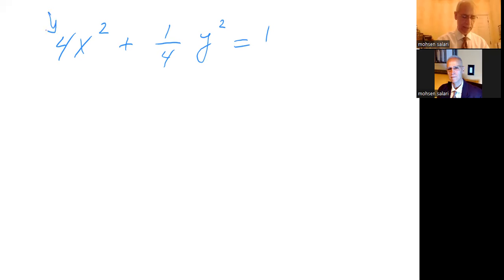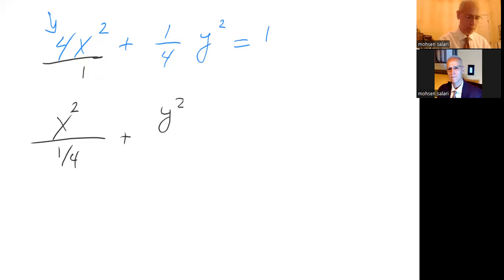So notice that if I give this a denominator of 1, I'm not changing anything. And so I'm going to multiply the top and bottom by 1/4. So I would have x squared over 1/4 plus y squared over 4 equals 1.